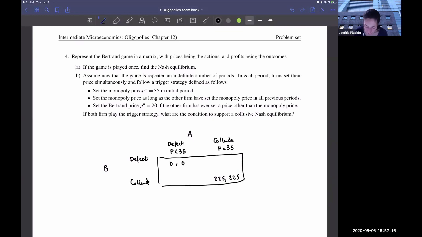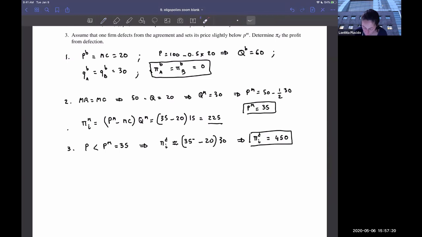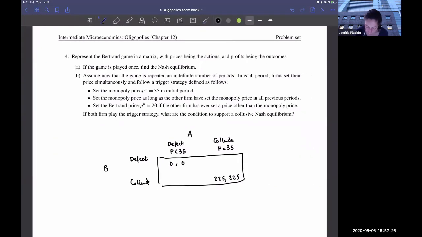In that case, we calculated the profit from deviating, and that was 450. So the firm that defects gets 450, and the other one gets no demand at all, so it gets a profit of 0. And that's the opposite here.